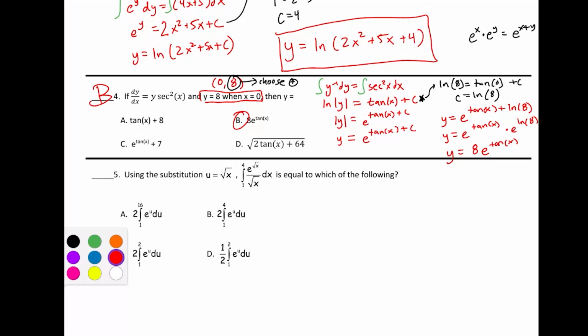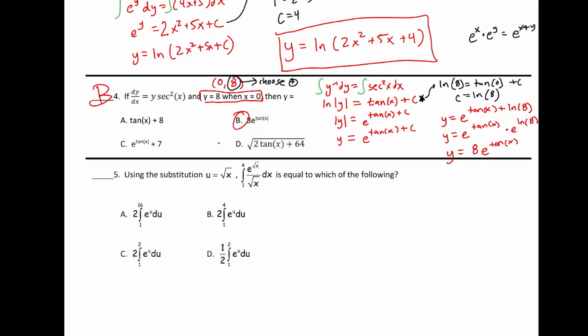Now, one thing you can do, because this is a multiple choice question, is take advantage of the fact that it's multiple choice. You can go through, and let's say you forgot how to work a problem like this. You could go through each of the answer choices, differentiate them, and see which one is actually y secant squared x. You want to be careful, because when you differentiate, it's all going to be in terms of x, but y would just be the original function.